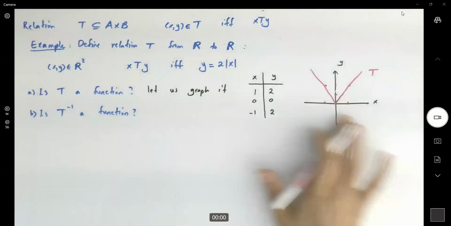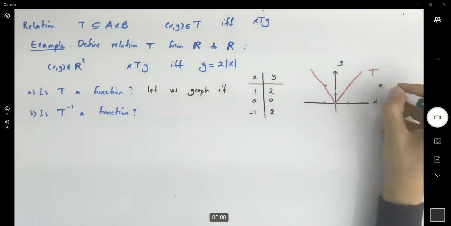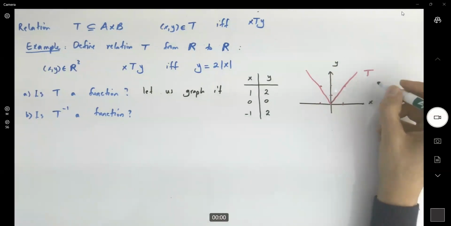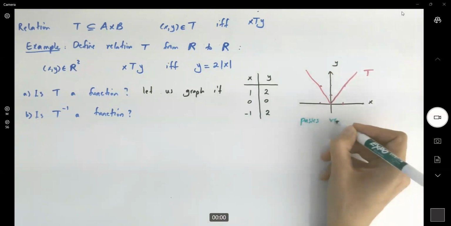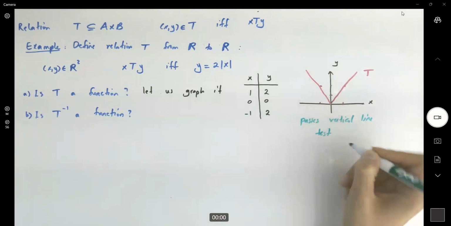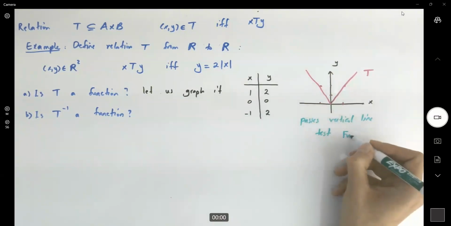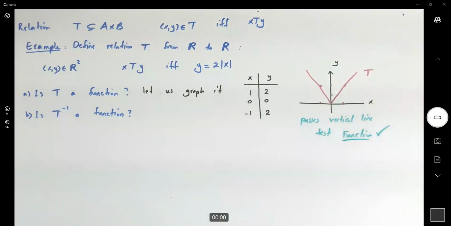It passes the vertical line test, and it is a function. So it's a function. Very good.